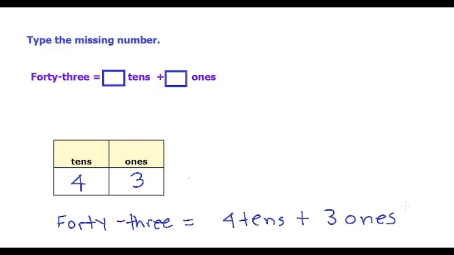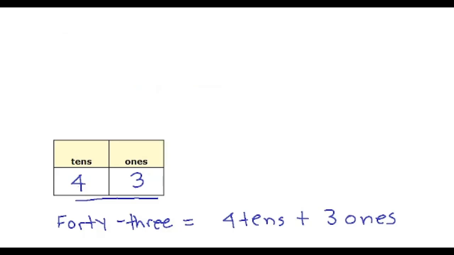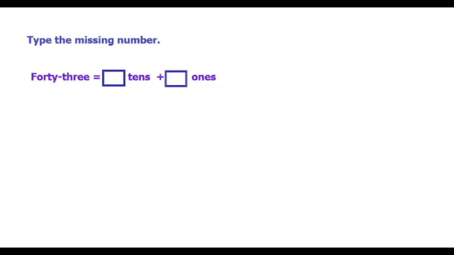So that's what 43 looks like. To fill in this chart here, we just put in 4 tens and 3 ones. So that's the answer.